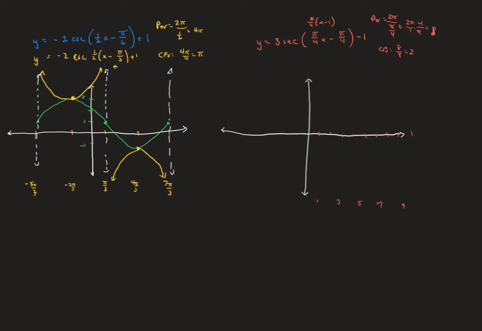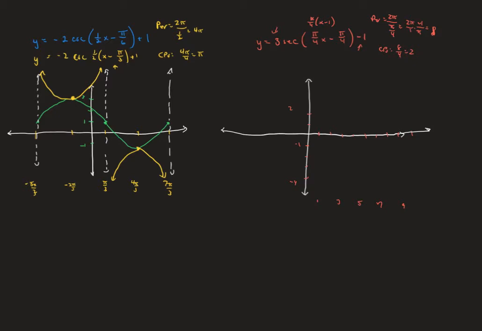Let me extend that a little bit. Okay, so our midline is going to be at -1. So there's going to be -1. And our amplitude for the cosine curve is 3. So I'm going to go down 3 and up 3.